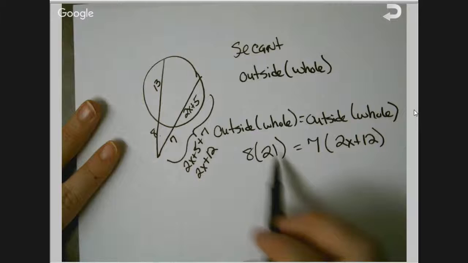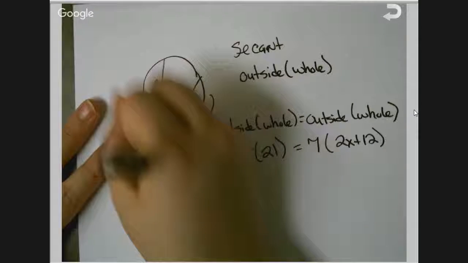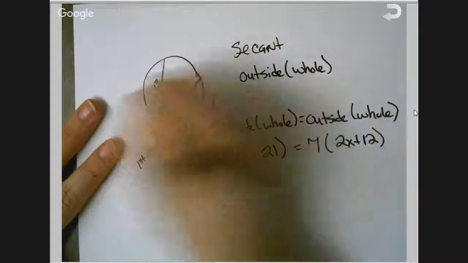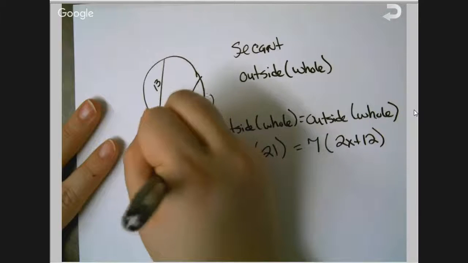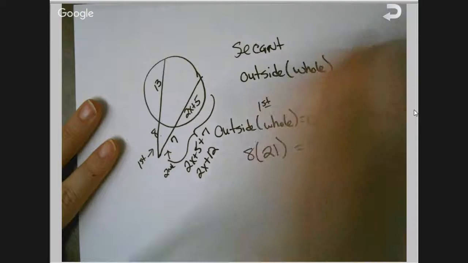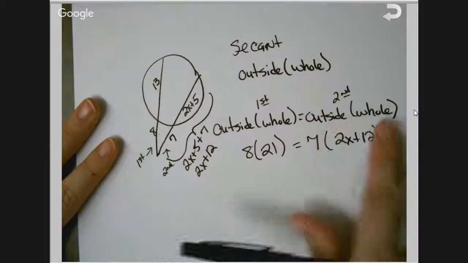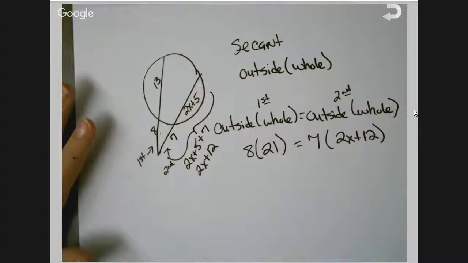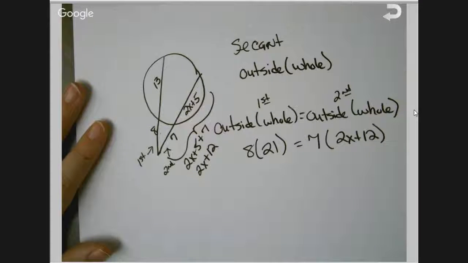Okay, so what I'm doing is this first line equals this second line. I thought you meant equal. No, they're both secant lines, so they both have that same layout. Does that make sense? Okay. Any other questions?